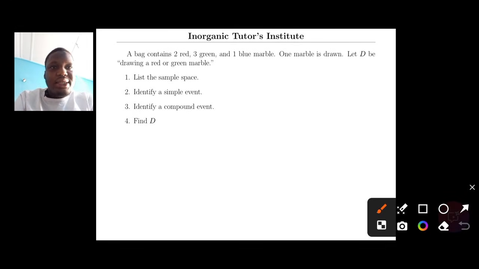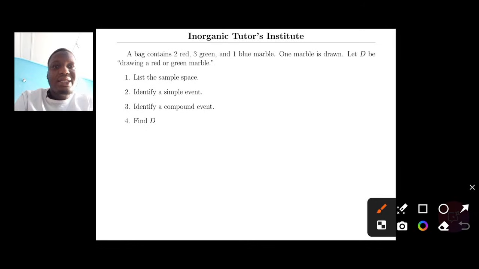A bag contains 2 red, 3 green, and 1 blue marble. 1 marble is drawn. Let D be drawing a red or green marble. When you see a statement like let D be drawing a red or green marble, or any other thing, it means let D be the event of this happening.